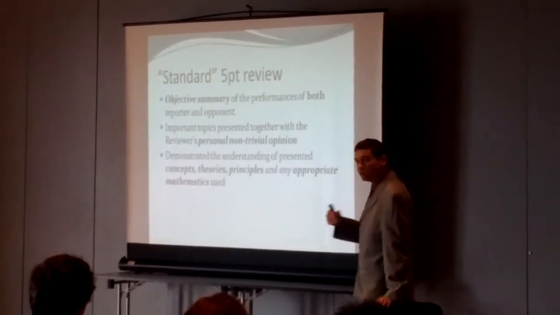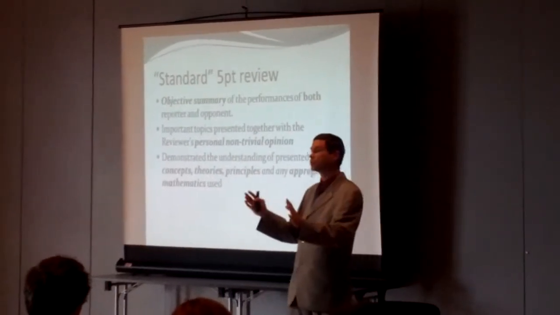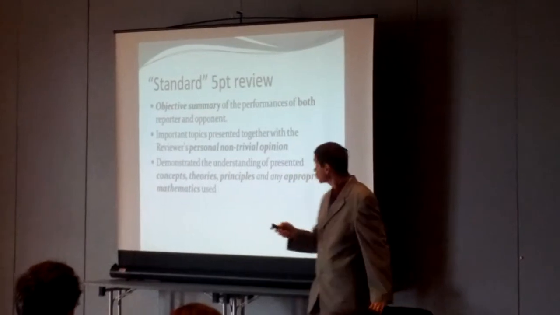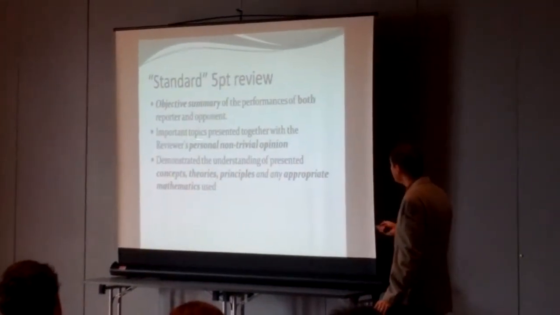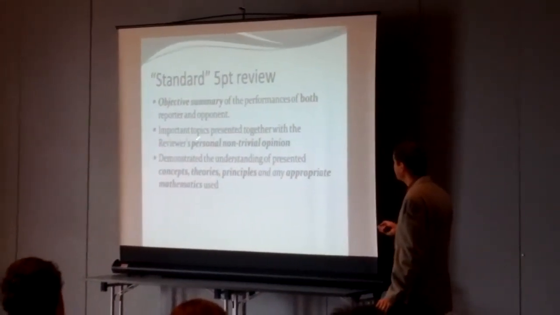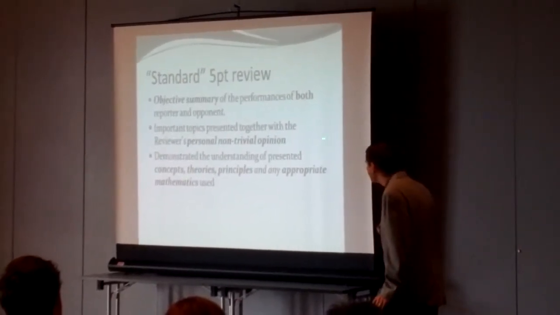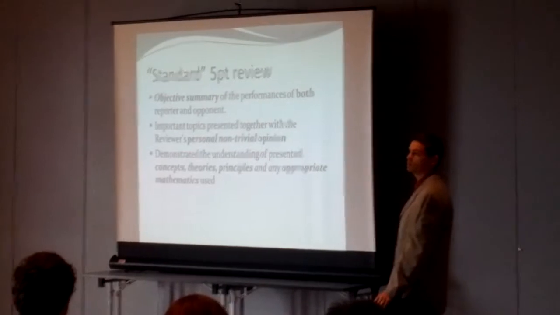So the reviewer should speak about what was in the presentation, what he thinks about the opposition, and about the discussion. Important topics presented together with the reviewer's personal, non-trivial opinion.